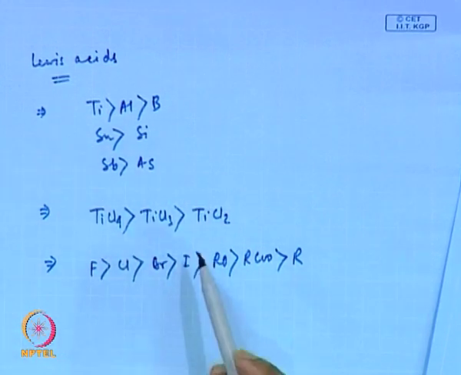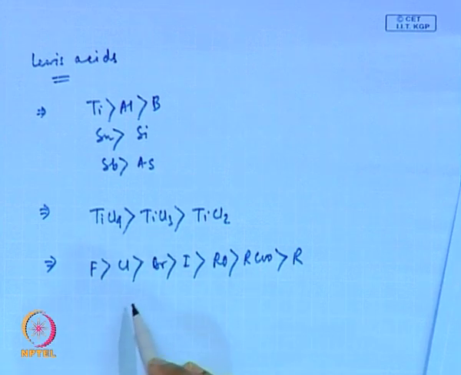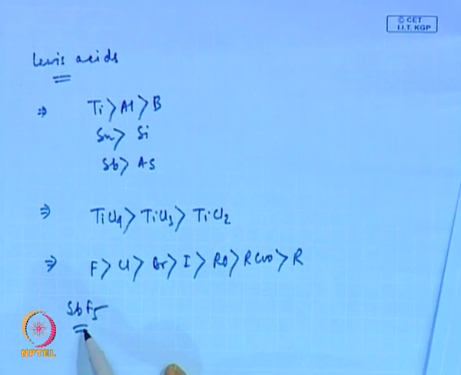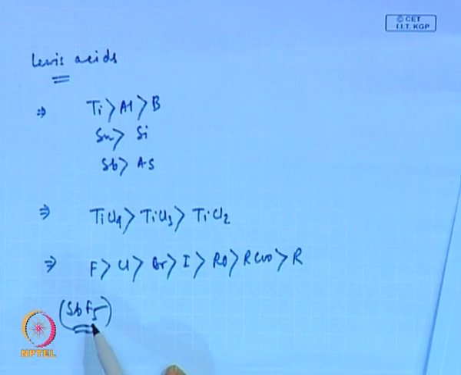This is from your basic knowledge of inorganic chemistry, BSc knowledge, and from this discussion we know this is the strongest Lewis acid, but it is not always used, though it is a very strong Lewis acid.